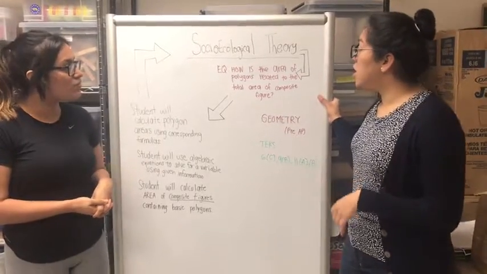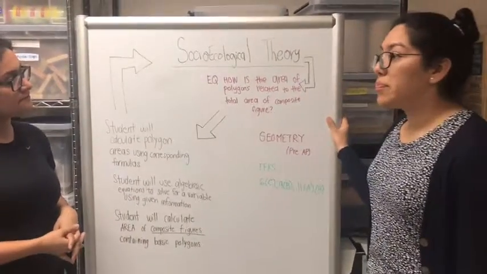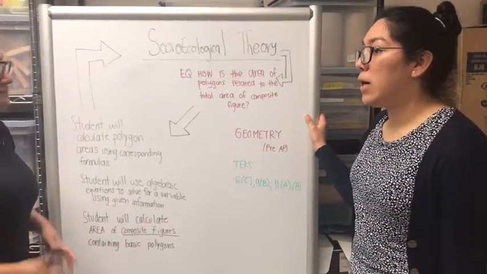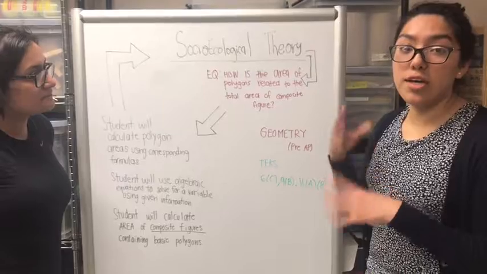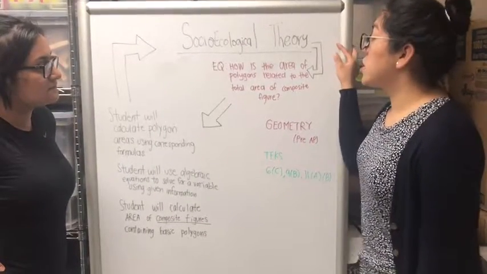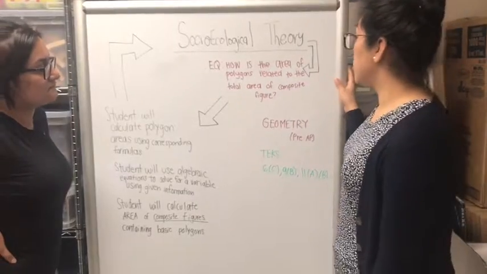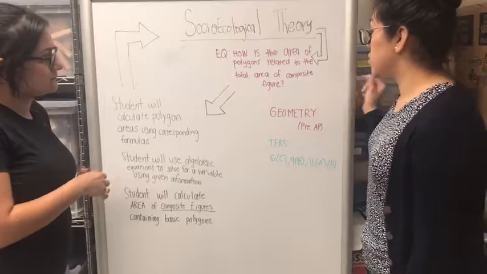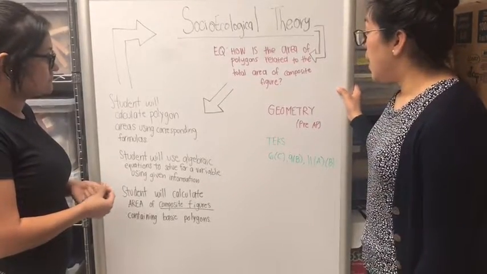Our triangle here explains what we plan to do as we incorporate the learning objectives and everything. The theory we're using is socio-ecological theory, and the essential question is: how is the area of polygons related to the total area of a composite figure?